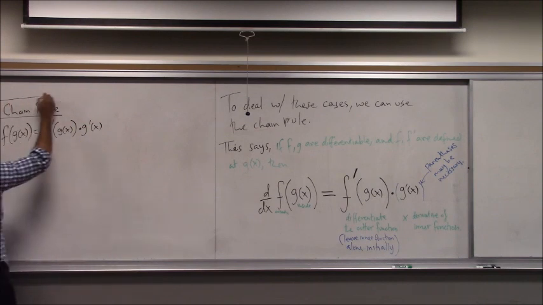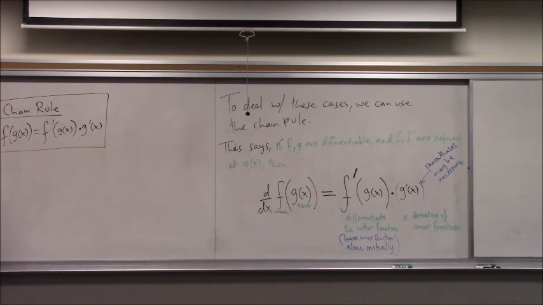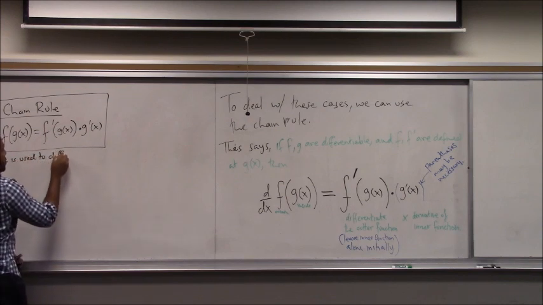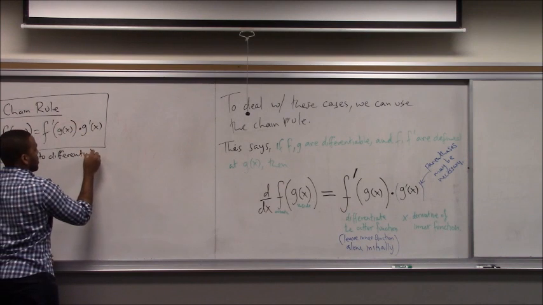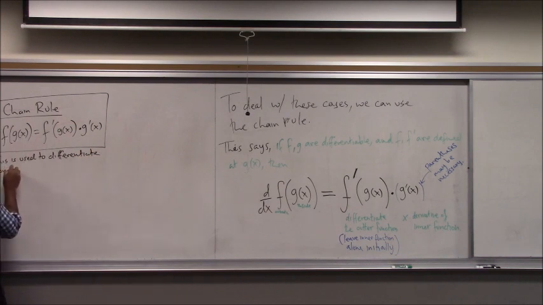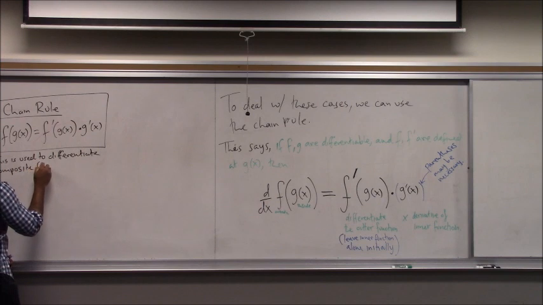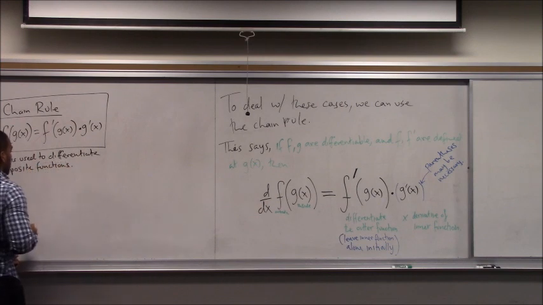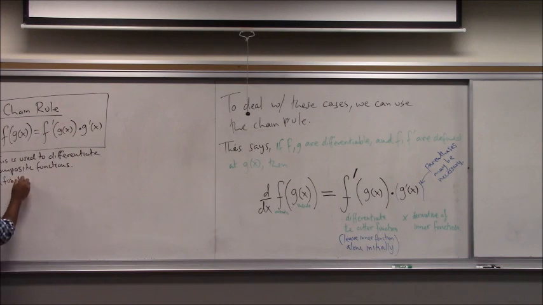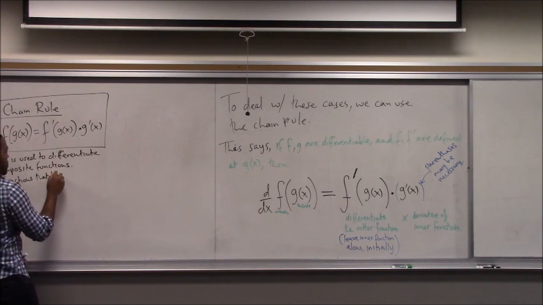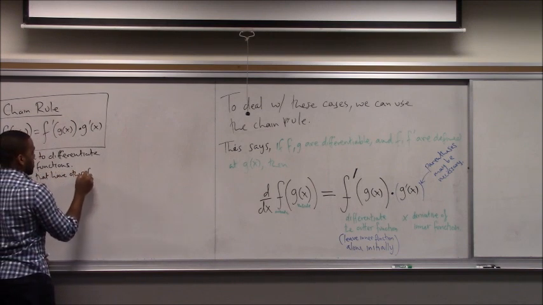There are other ways to think about the chain rule, but this is the only way that we'll care about. I mentioned the other one in the handout. So this is used to differentiate composite functions. That is, functions in functions that have other functions inside them.